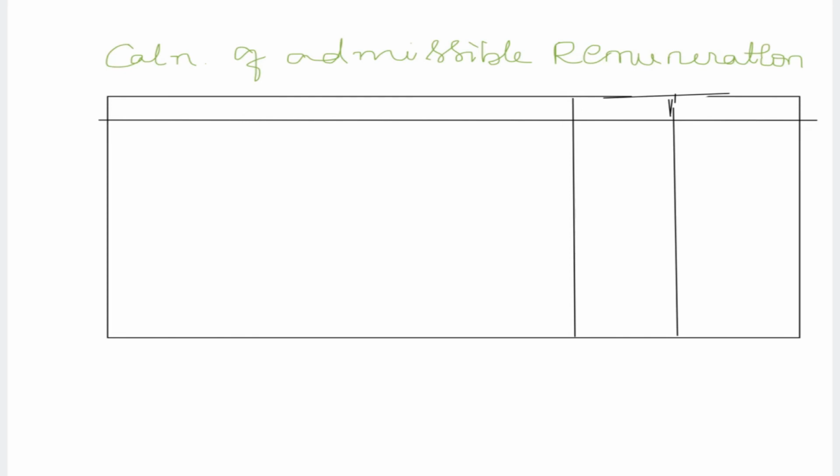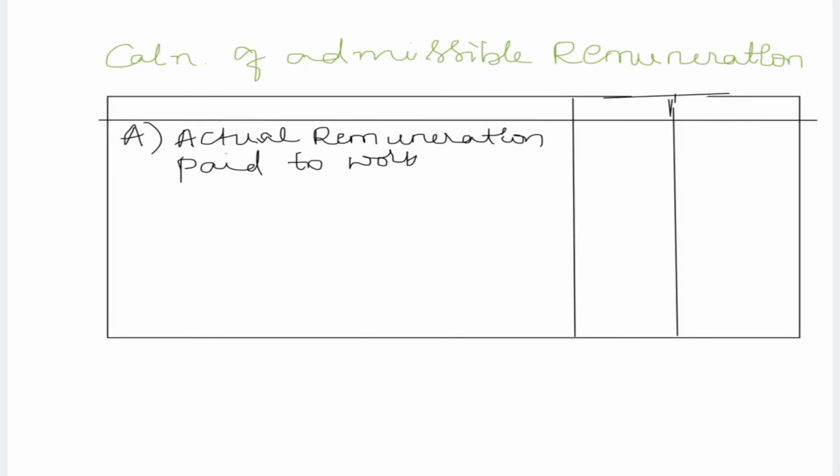First one is actual remuneration paid to working partners.